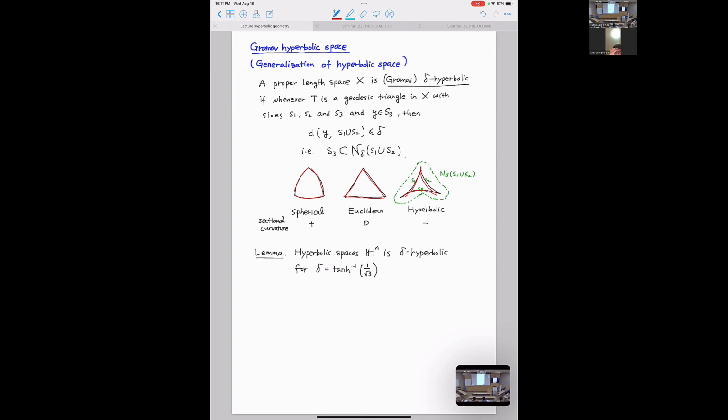Then you can easily prove that hyperbolic n-space is delta-hyperbolic, and you can find delta explicitly: delta is the inverse hyperbolic tangent of 1 over the square root of 3. That means hyperbolic space is also a Gromov hyperbolic space.